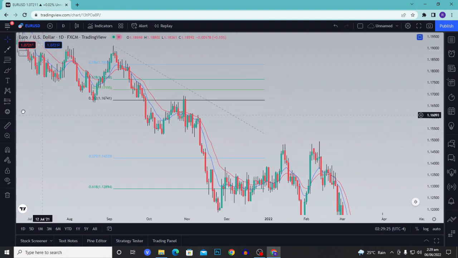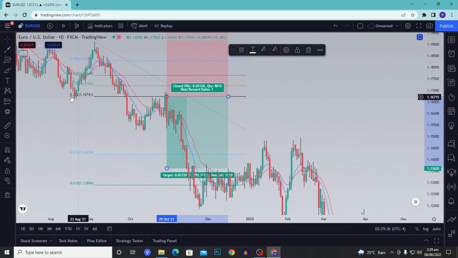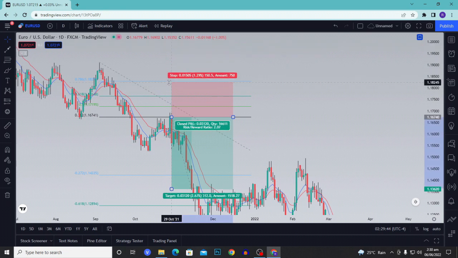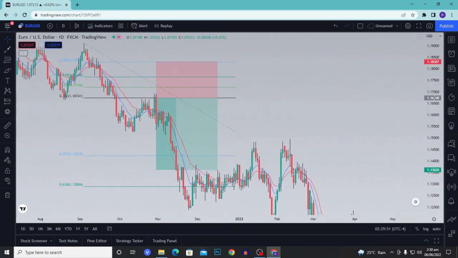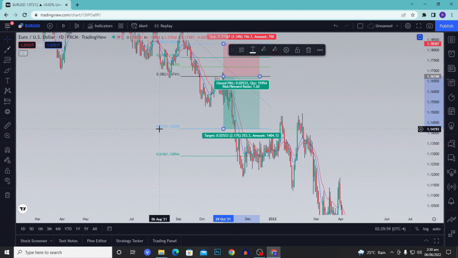So let's say we were looking for a trade, a short position, and we entered the trade at the 0.382 level, and we had our stop loss at the 0.786 level, and our take profit at the negative 0.272 level.